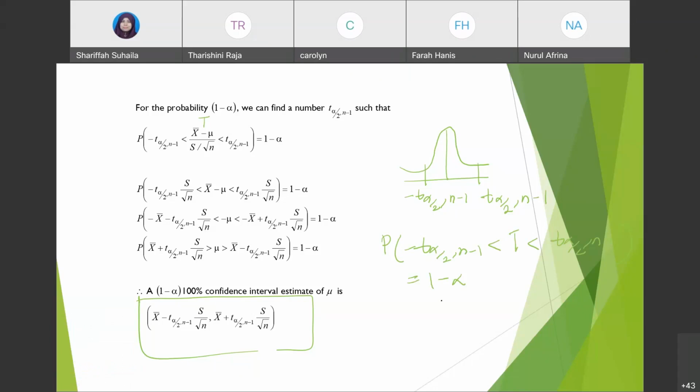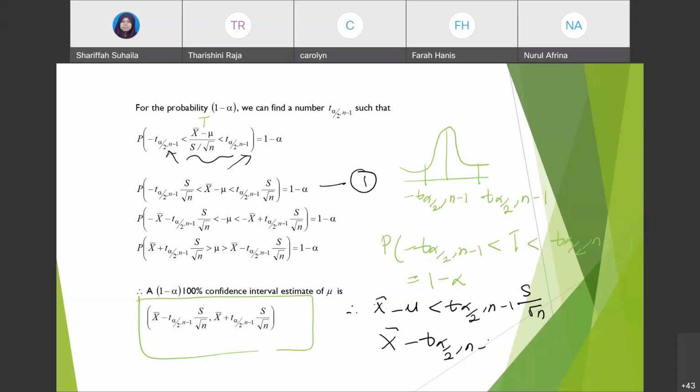And then again here, we will rearrange. So X bar minus mu over S over square root of N, bring to the left side, to the right side. Rearrange back. Let's say X bar minus mu less than T alpha over 2, N minus 1, S over square root of N. So X bar minus T alpha over 2, N minus 1, S over square root of N less than mu.